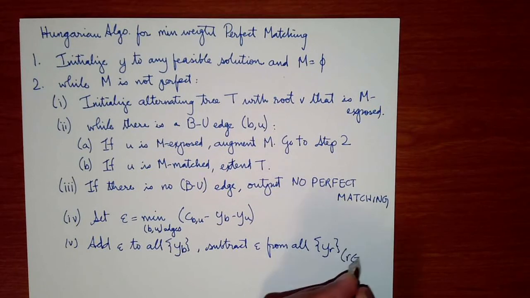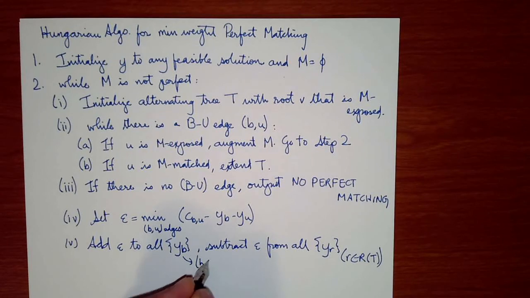Right, so this is the red vertices and these are the blue vertices.